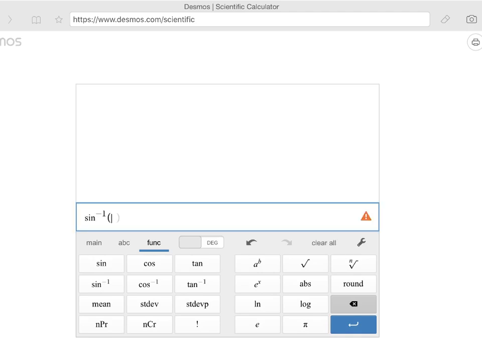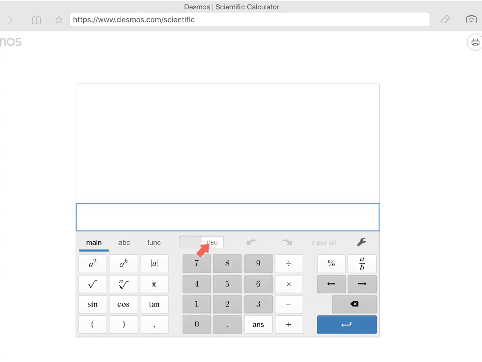Sometimes you have to hit a second function or a shift function. On Desmos, we just go over to these functions. There it is, inverse sine. We do have to make sure we're in degrees. Can't be in radians. If it's in radians, then this is totally different. Radian is a different way to measure angles. So we want the inverse sine of 0.6 there.